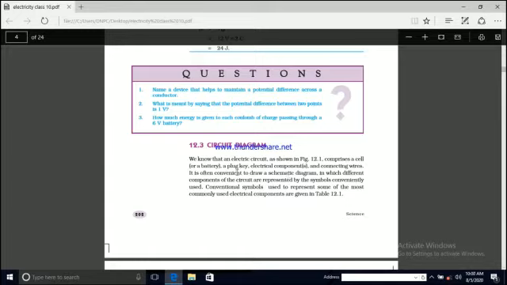So instead of drawing the plug key or electrical components such as ammeter, voltmeter or resistor as such, we use symbols. These symbols are known as conventional symbols, used to represent some of the most commonly used electrical components.